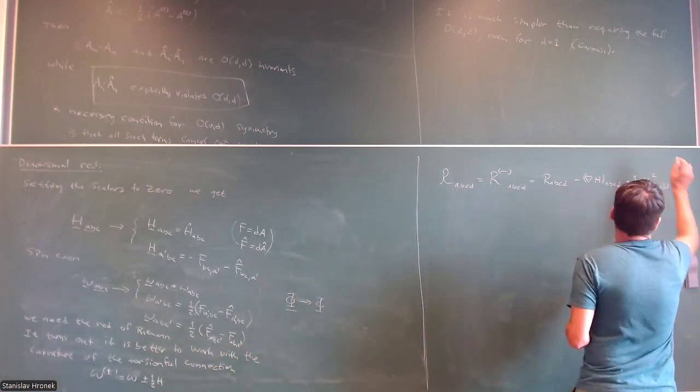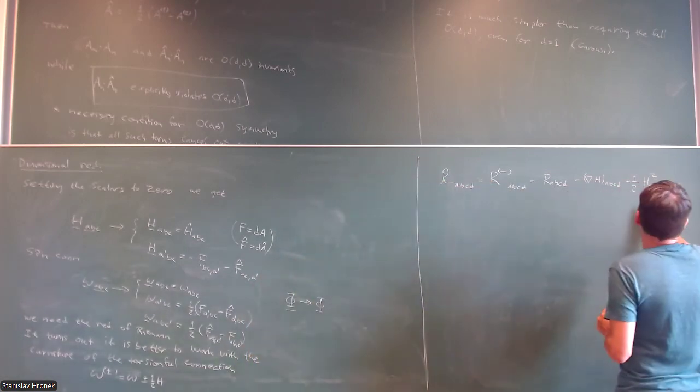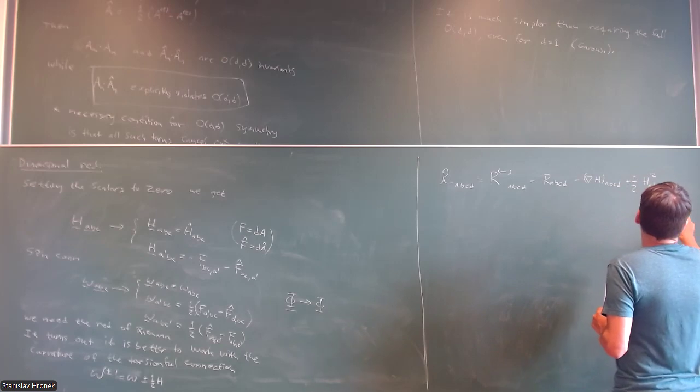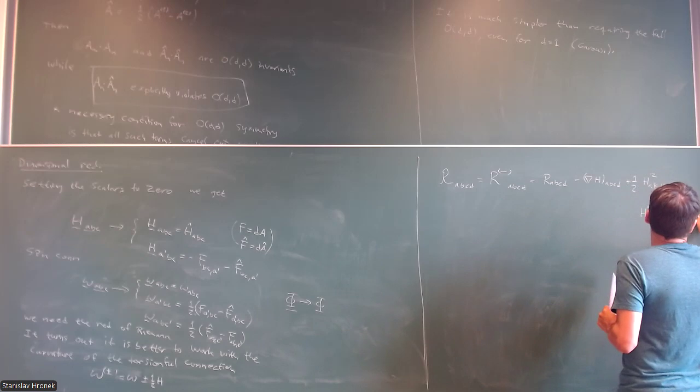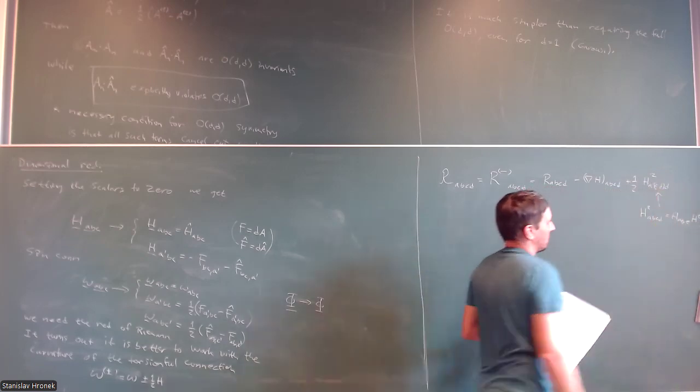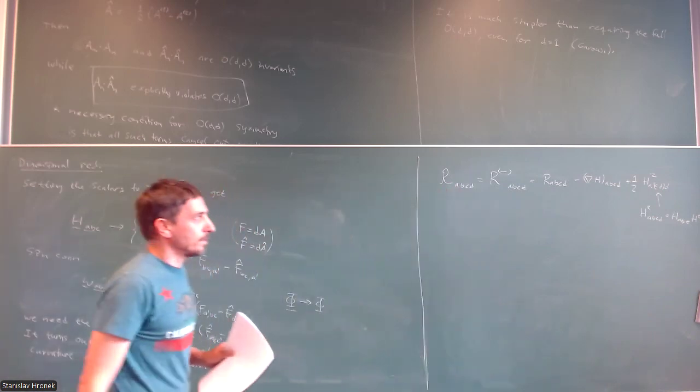Okay. And what does this mean? So I'm defining H squared with 4 indices. This would be 2 H's with 1 index contracted. And so that's what's entering there.